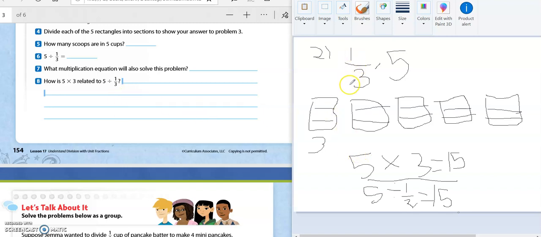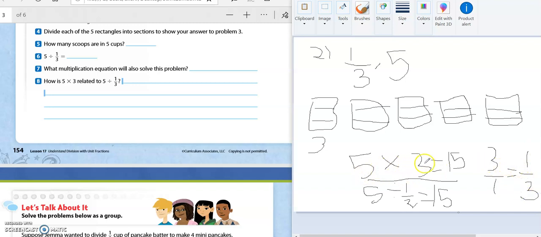And it's just the inverse of the same problem. 5 times 3 equals 15, and 5 divided by 1/3 equals 15. And as we know that is 3 over 1, that is the inverse of 1 over 3. So that's how they're related.